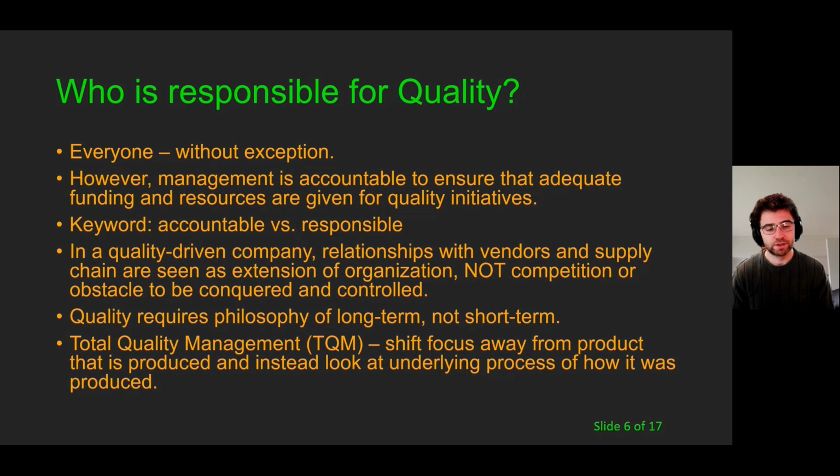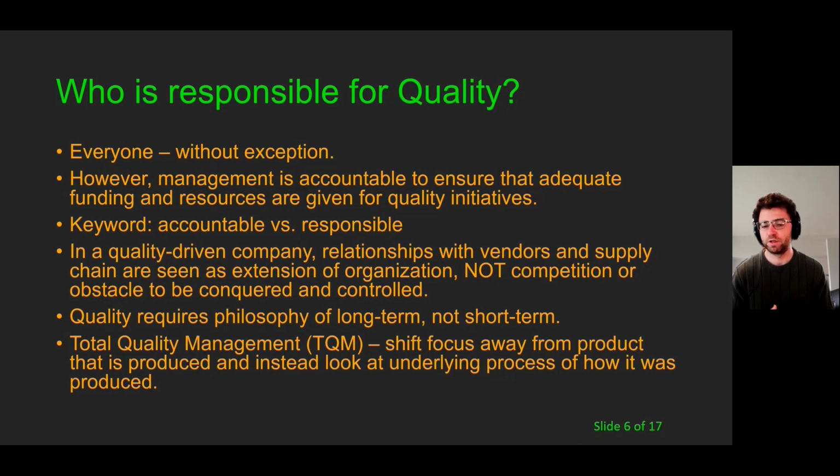The key difference, though, again, if you look back on our first video about responsibility and accountability, management is responsible just as much as anybody else for upholding quality, but really management, this also includes executive level, board level folks, they're truly the ones that are accountable for ensuring that there's adequate funding and resources for quality initiatives.